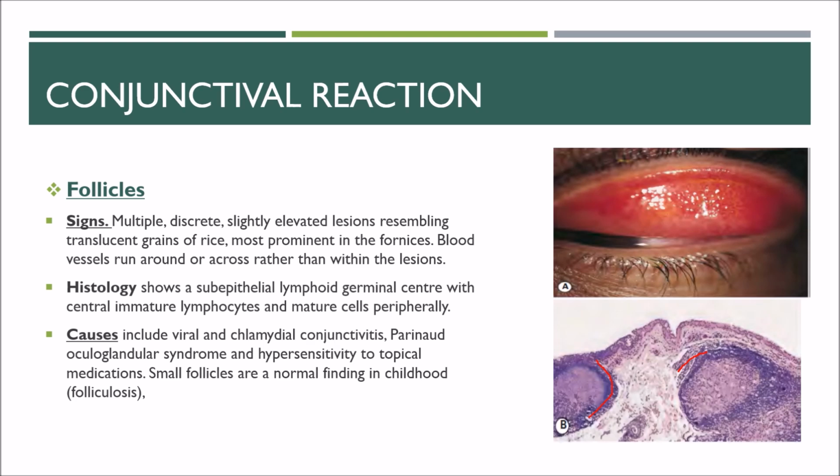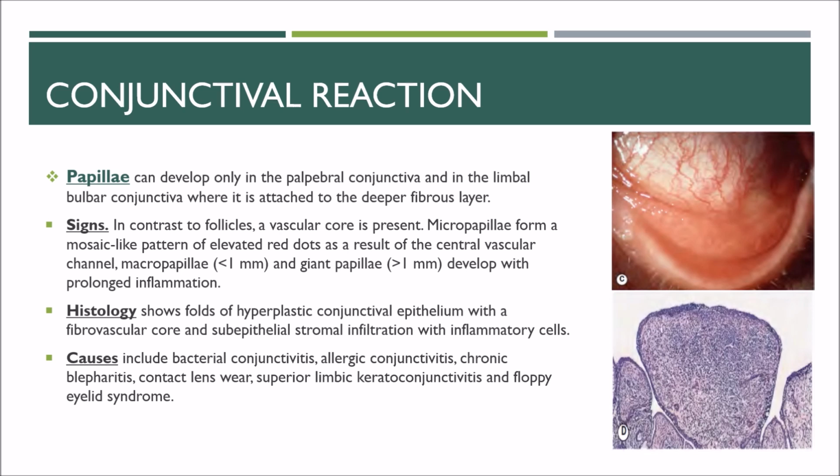The next would be papillae, which can develop only in palpebral conjunctiva and in the limbal bulbar conjunctiva, where it is attached to the deep fibrous layer. In contrast to follicles, a vascular core is present. Micropapillae form a mosaic-like pattern of elevated red dots as a result of central vascular channels.